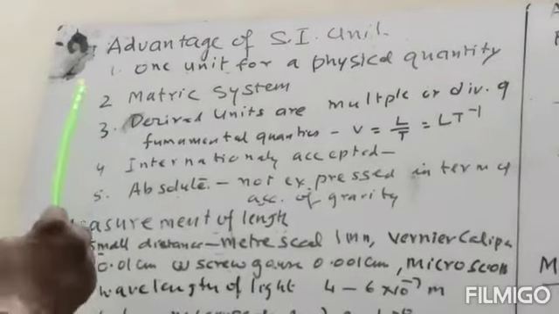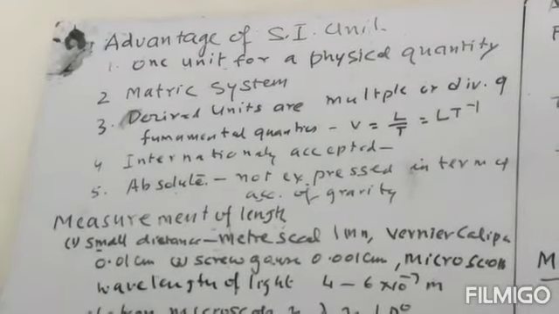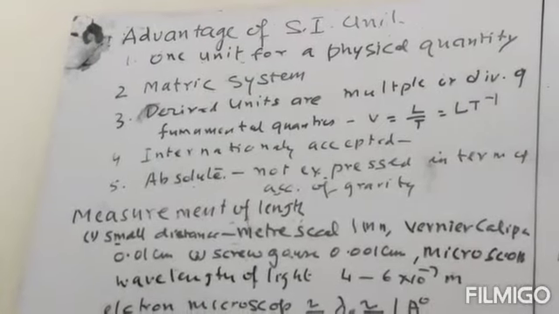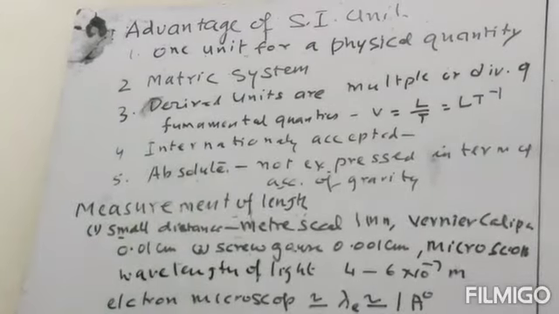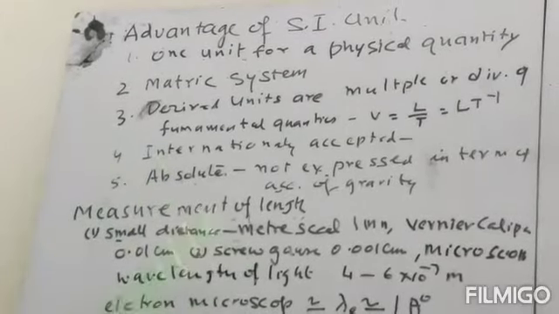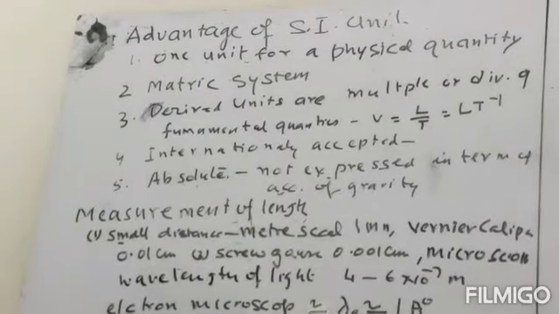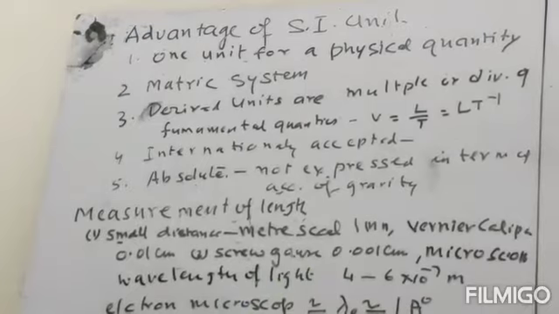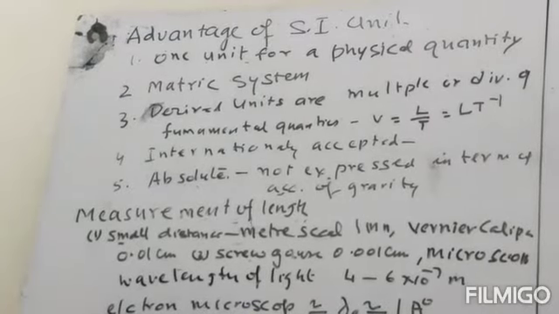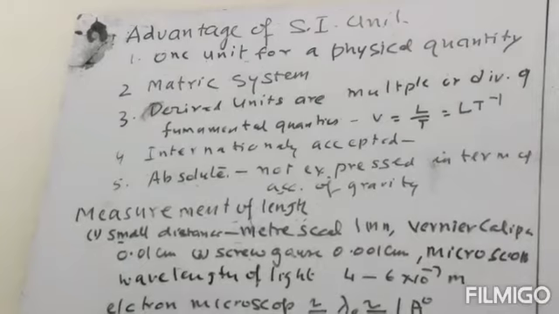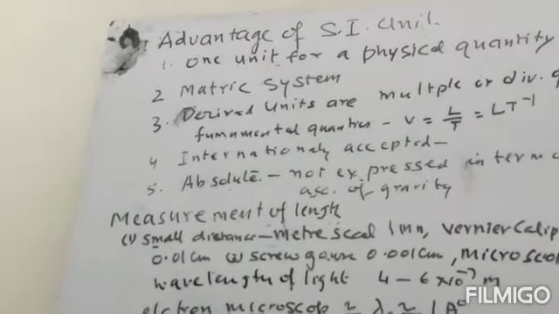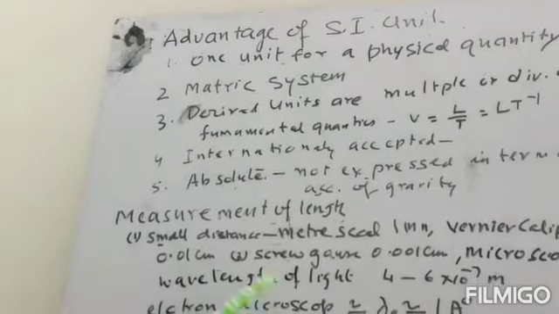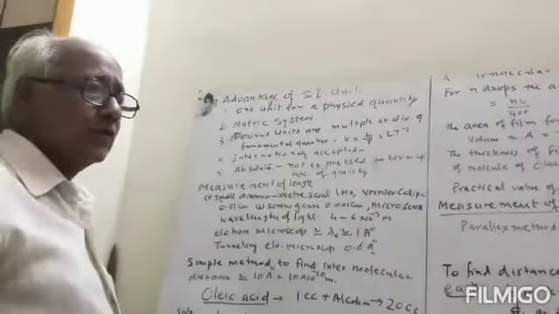The first advantage is that all these fundamental SI units are used in all sectors like physics, chemistry, maths, engineering, and all the different fields. The same units are used internationally, not only in India, but all around the world.